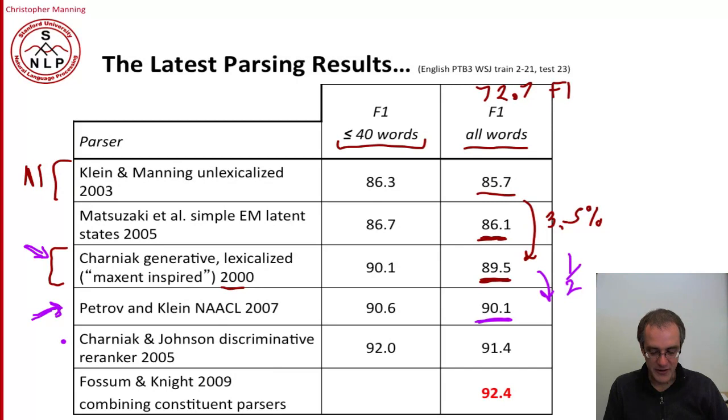Now, people have gone on and done further work with lexicalized PCFGs, and so in particular, Eugene Charniak and Mark Johnson worked together to add a discriminative re-ranker on top of the Charniak parser. So this discriminative re-ranker is essentially using a Maxent model of the kind that we saw in week 4, but applying it now to choose between different parses for a sentence, where the candidate parses are being generated by Charniak's generative parser.